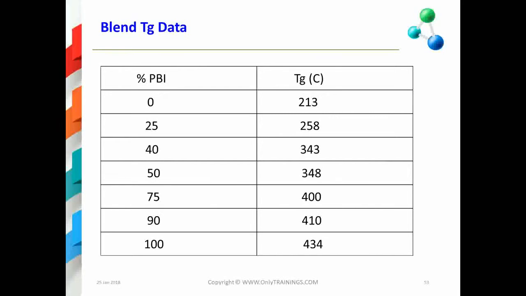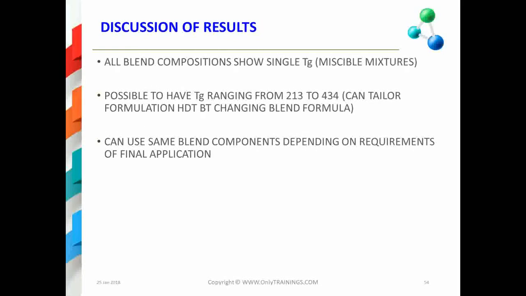Next slide, please. Summarizing the results of this last case study, then, all blend compositions show a single Tg value. As I already mentioned, the single Tg value indicates the production of miscible blends for all the blend formulas that were produced.